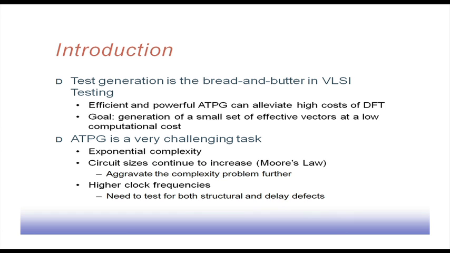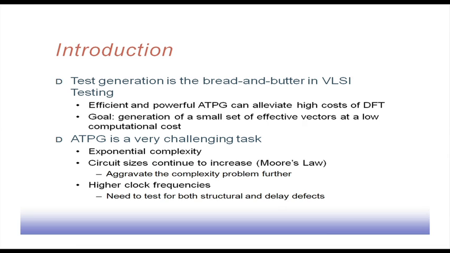Now, the 101st pattern that we generate must be able to uncover some faults not yet detected by the previous 100 patterns, otherwise it is of no use. So we are interested in good coverage and effective vectors, and this generation process should not be computationally very expensive, because then the applicability of that algorithm may be in question.